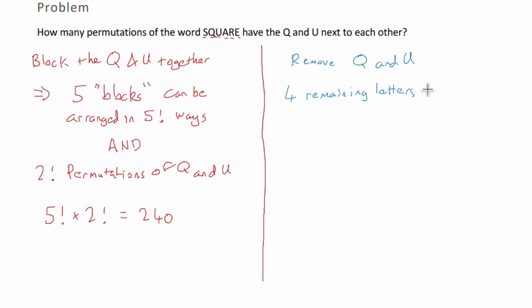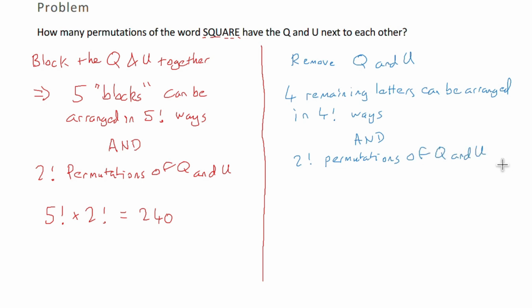And they can be arranged in 4 factorial ways. And I have 2 factorial permutations of Q and U in much the same way as in the previous method.